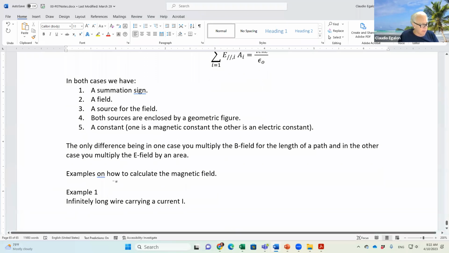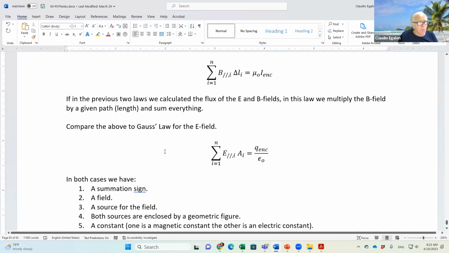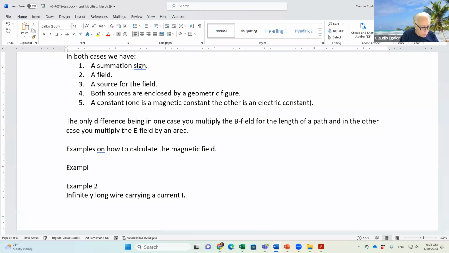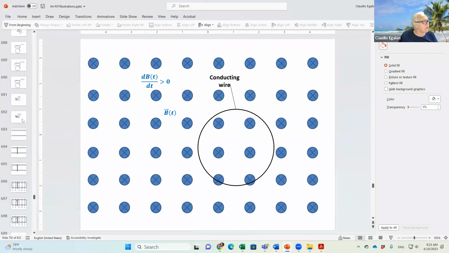Before we go to this example, let me give you a simpler example. Before we go to an actual example, let me give you another. I'll put this one as example one, and that one as example two. You know how to determine the path. I have one example here in this slide.